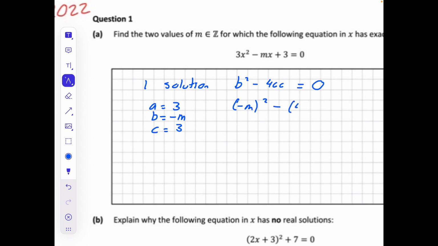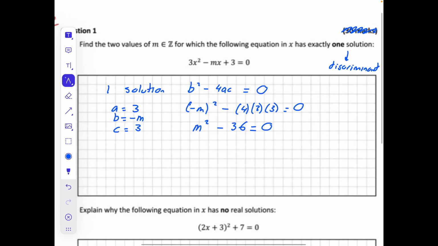So we're going to fill in what we know. We've got b squared, so minus m all squared, minus 4 by a by c. And that must equal 0 because it has one solution. Minus m all squared is just m squared, minus 4 by 3 by 3, that's minus 36, is equal to 0.